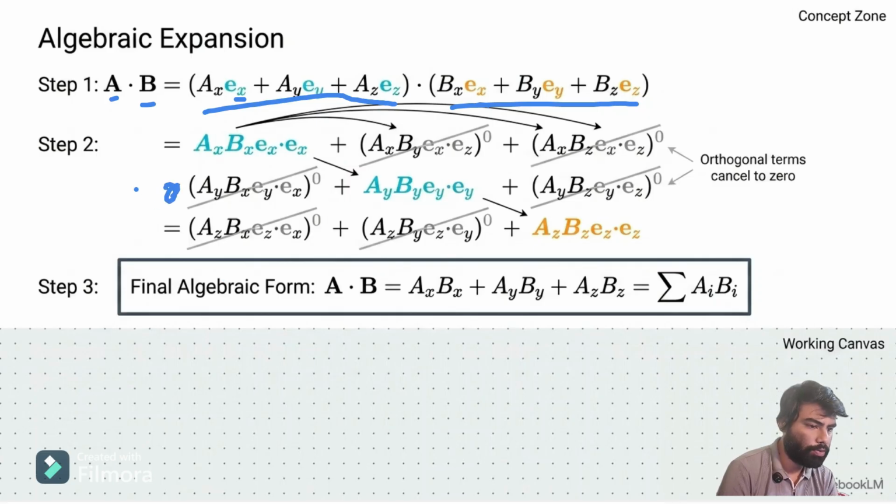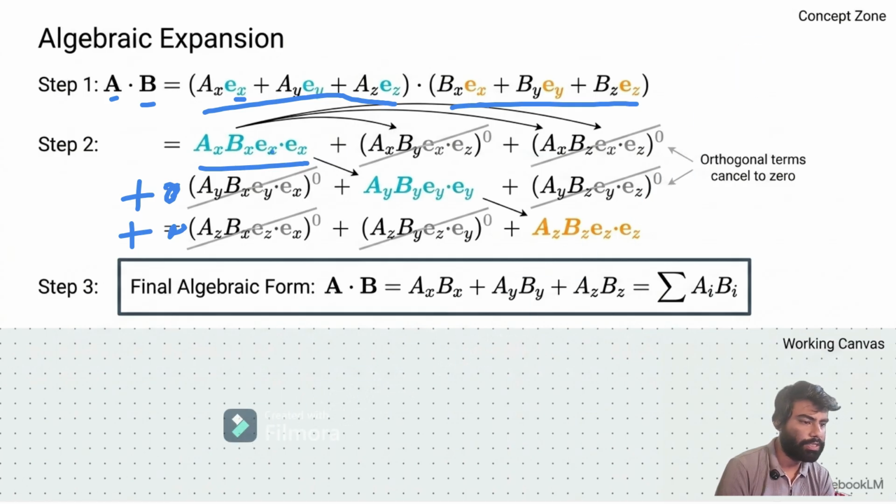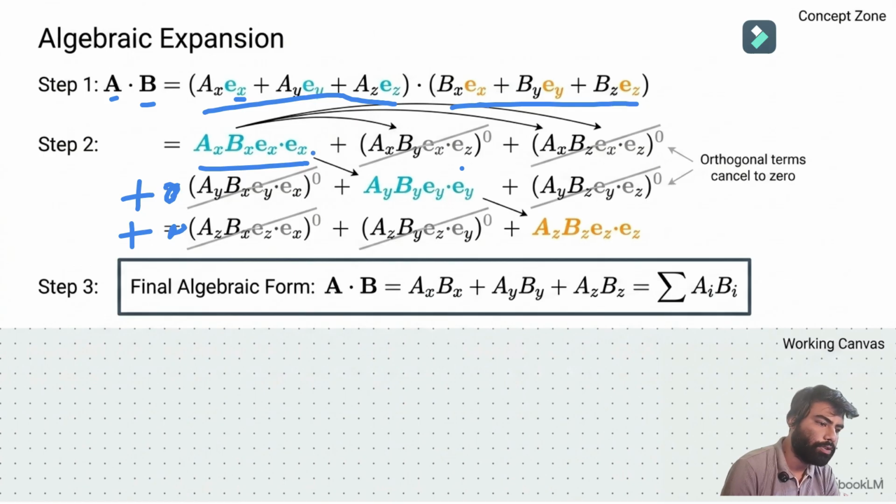When they are not equal, it will be 0. So ax bx, because Ex dot Ex will be 1, as we have seen in the previous slide, and Ex with Ey or Ez will be 0. So only three terms will be there: ax bx, ay by, and az bz.